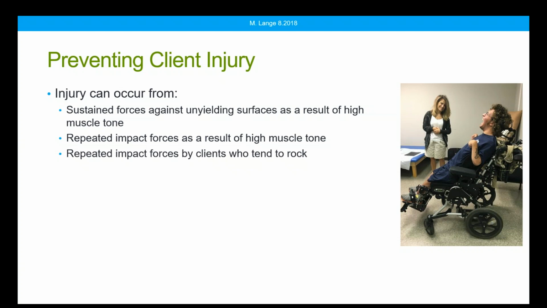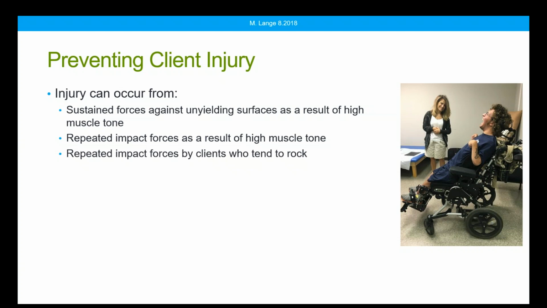So sometimes we have clients who are really seeking out movement and can rock with a great deal of force, even if perhaps they do not have a lot of increased muscle tone. This can still result in damage. So this young man in this picture, well, he's a young adult now, he is in a kid rock, and this is no longer available. You can see that he is definitely extending in this.